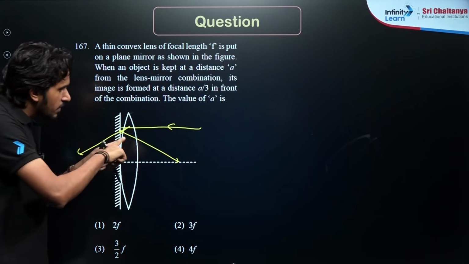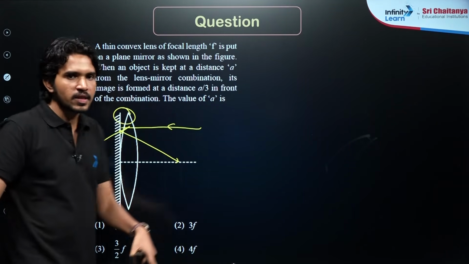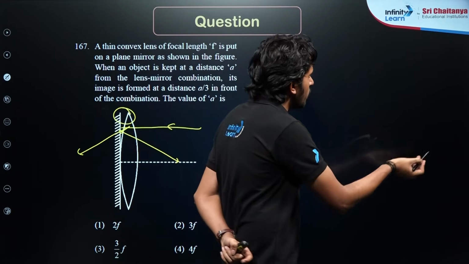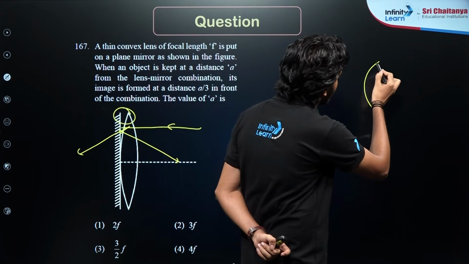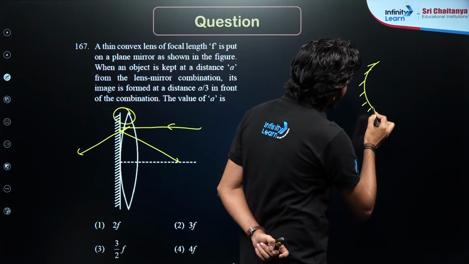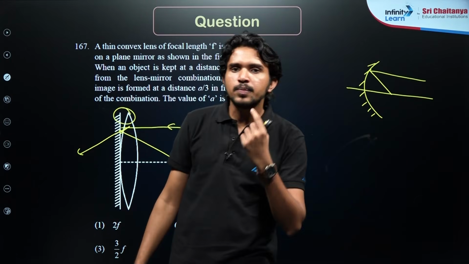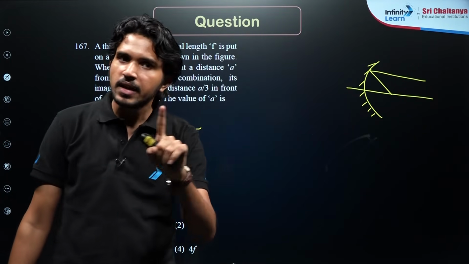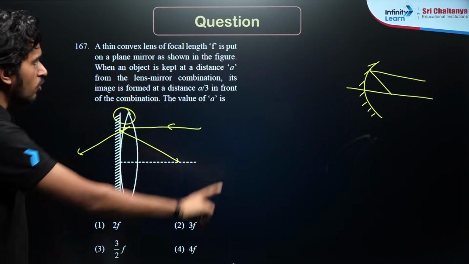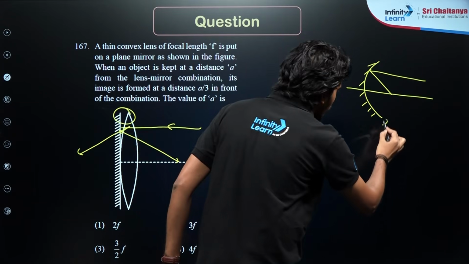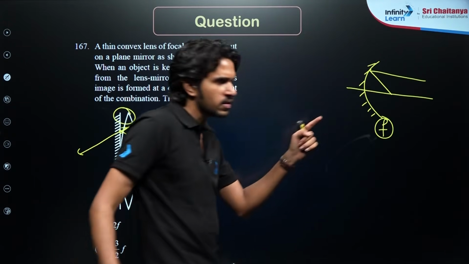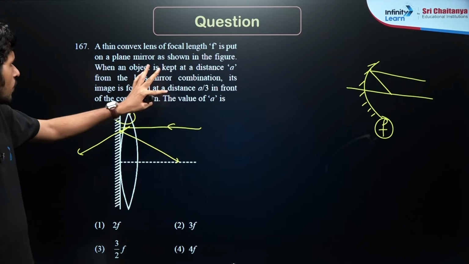So basically the combination is behaving like a concave mirror. Yes or no? The combination is behaving like a mirror, that is a concave mirror. Now if I can find the focal length for this, then I can solve the problem easily.